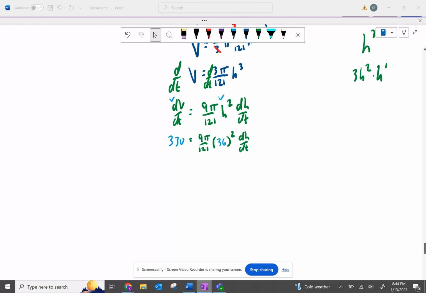Okay. So let's see here. To get rid of this fraction, I'm going to start off by multiplying both sides by 121. That'll just delete that for me. So 121 times 330 is 39,930.